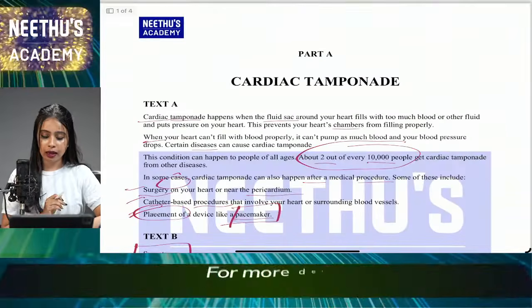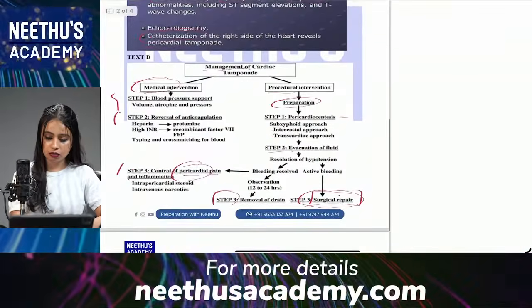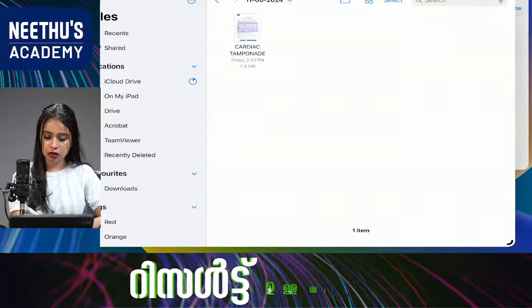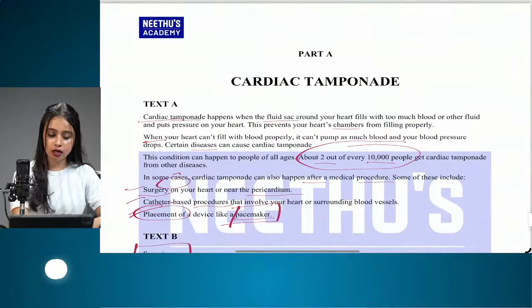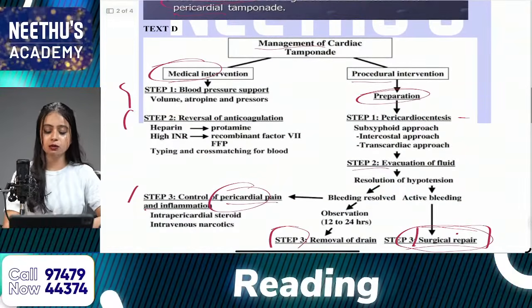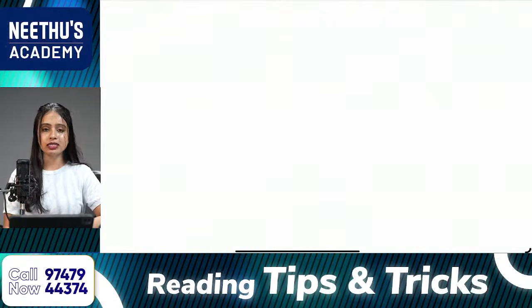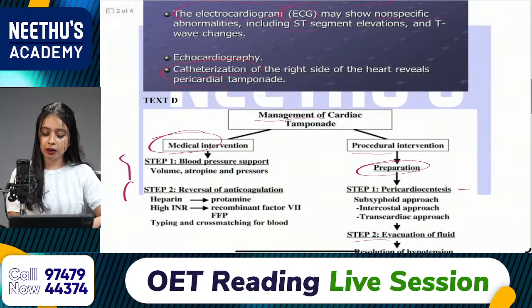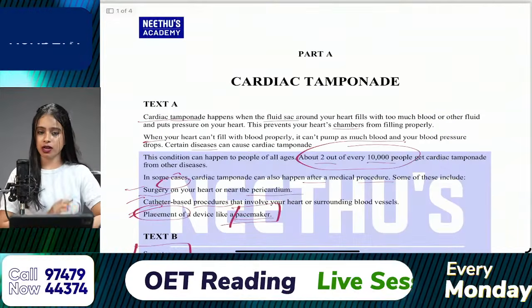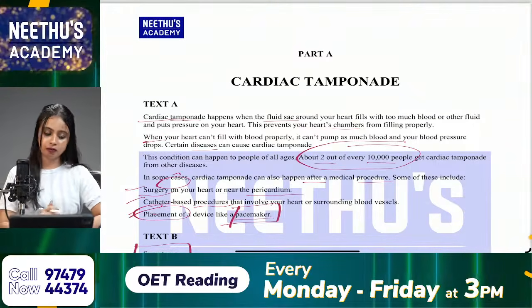It is pericardiocentesis. So the answer is from text D, which I got from this particular line, pericardiocentesis. Okay, so that should be the correct answer. That is my answer from text D.